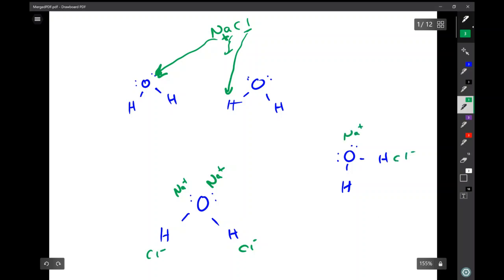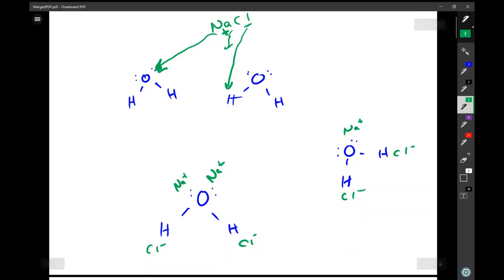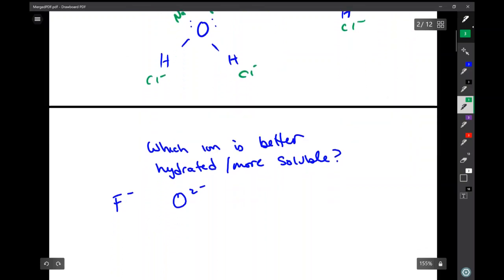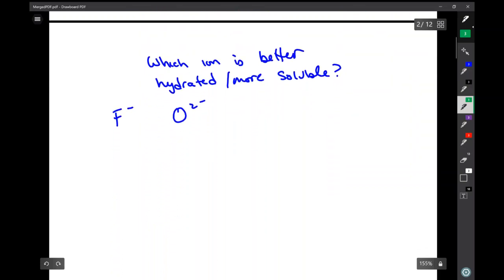So that's why you really don't have sodium chloride dissolved in water. You just have sodium ions and chloride ions floating around. Now, not all positive and negative ions are alike. Some are better hydrated or more soluble.